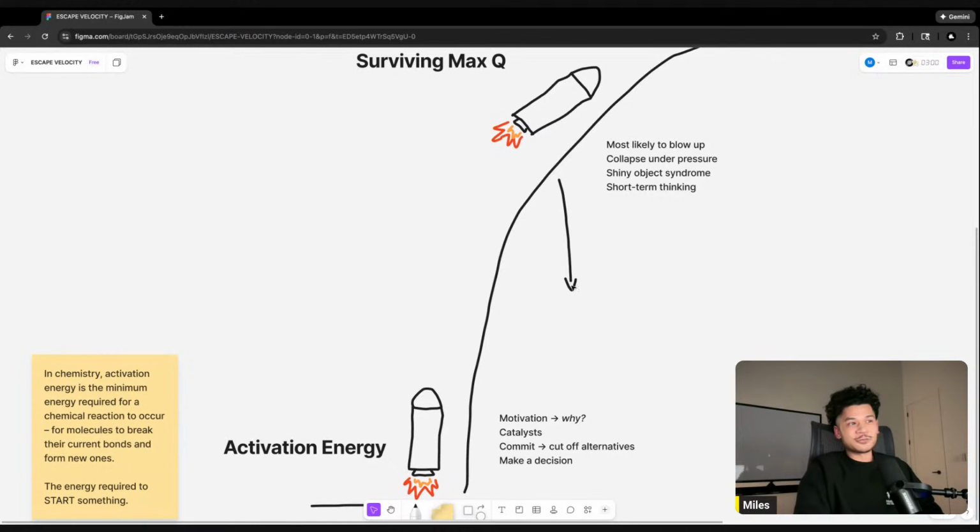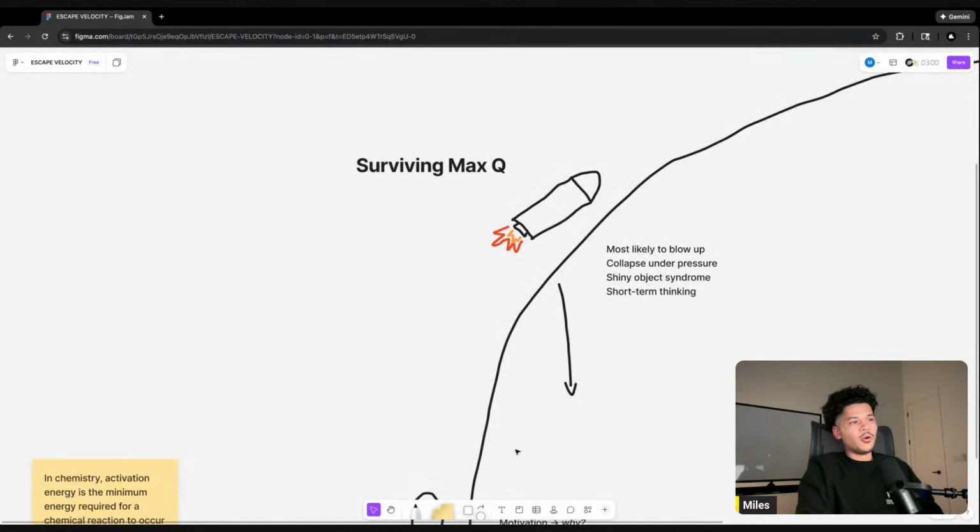See, that's what gravity represents. That's the thing that you're fighting against. Your bad habits, all of that. That's the thing you have to fight against on the way up. Gravitational pull, right?